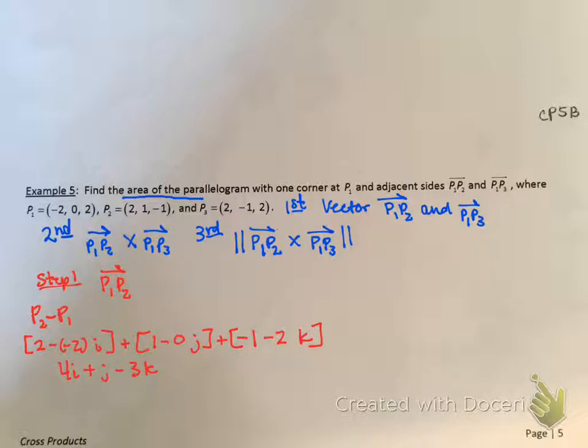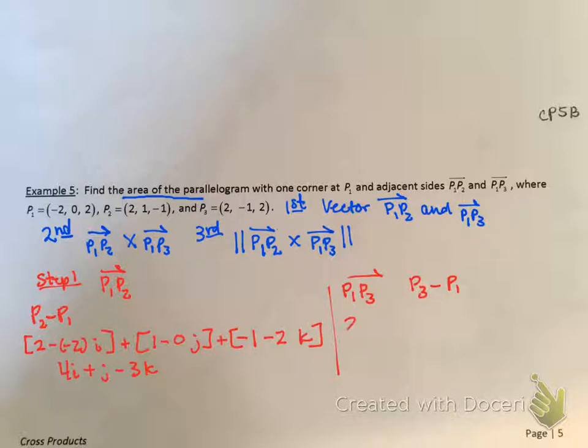Now I have to find vector P1, P3. So I'm going to subtract P3 minus P1, and do the same thing I did for the first one. I'm going to look at P3, and do the I components first.